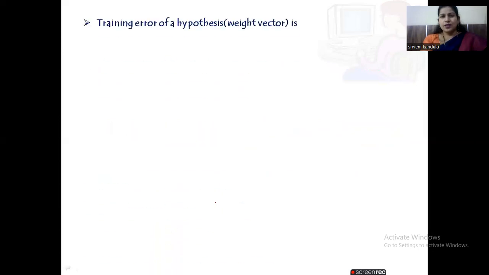So in this case, the training error of a hypothesis or the weight vector is given as E of W is half sigma (TD minus OD). So this is the error value, right? But here we will take a square of this. And here your D value is ranging over D, the capital D, where capital D is the set of instances.